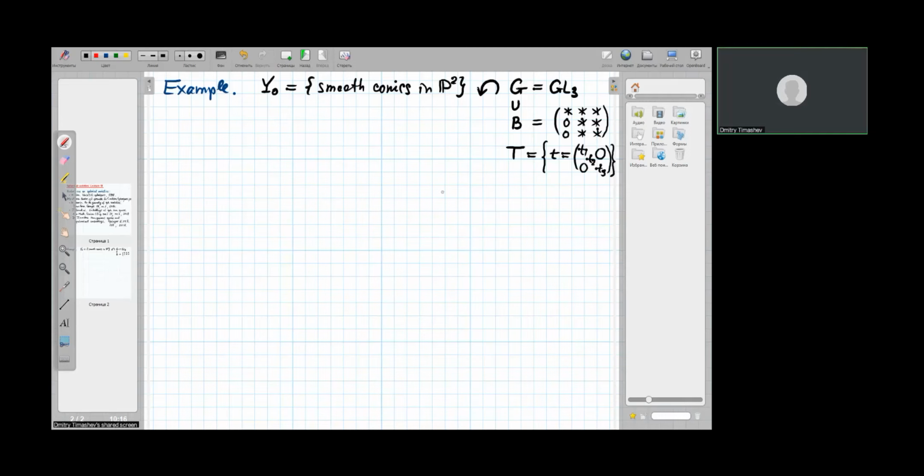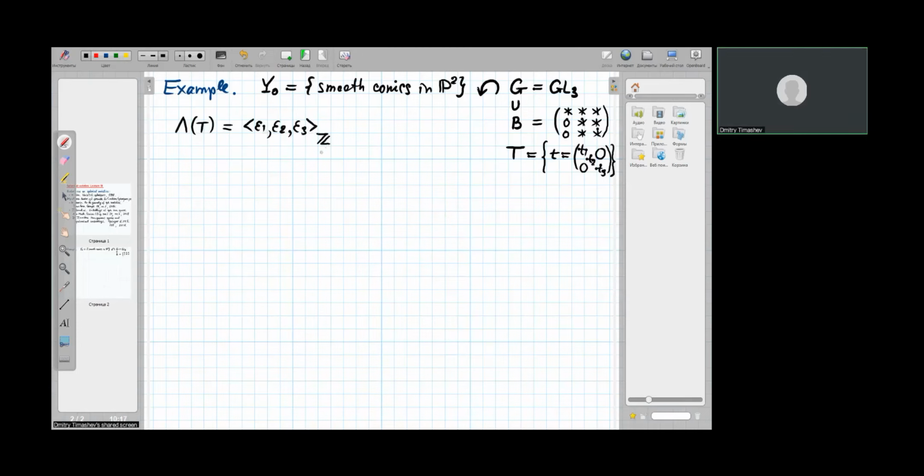So the character lattice of this Borel subgroup or maximal torus is of rank 3. It has the basis, which I already denoted by epsilon 1, epsilon 2, epsilon 3.